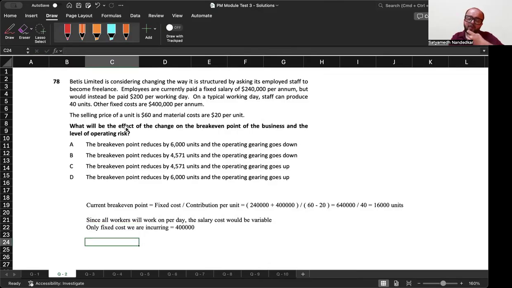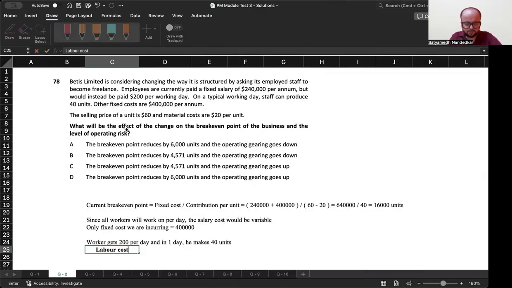Now observe how much these workers are getting paid per day. A worker gets 200 per day, and in one day he makes 40 units. So what is the labor cost per unit? 200 upon 40, which is basically 5.